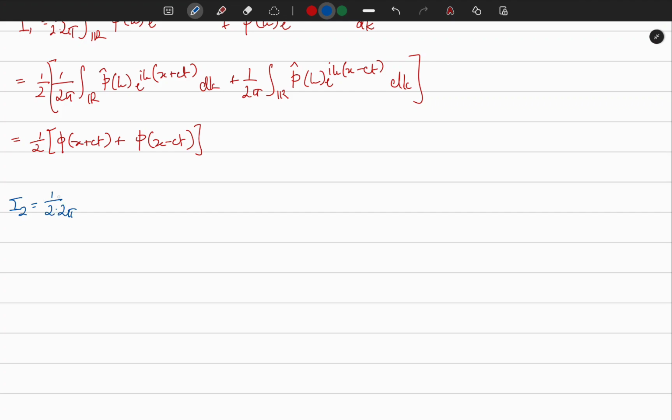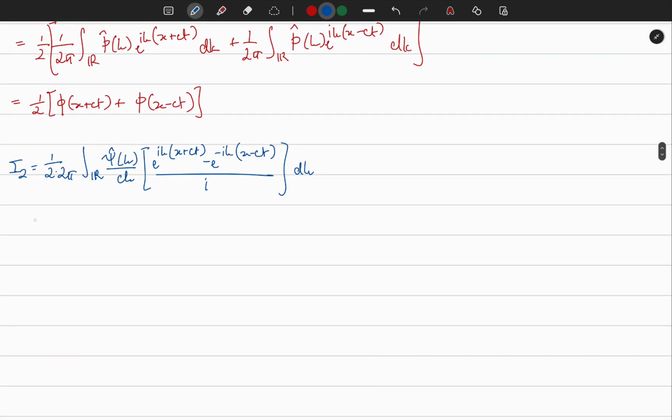So we have 1 over 2 times 2 pi, integral going over the reals of psi hat k over ck times e to the ik x plus ct minus e to the minus ik x minus ct over 2i, or just over i here, dk.